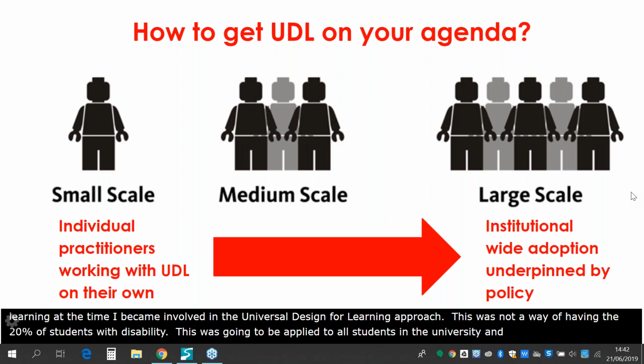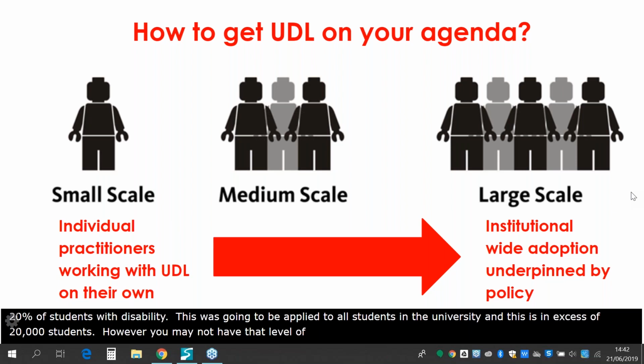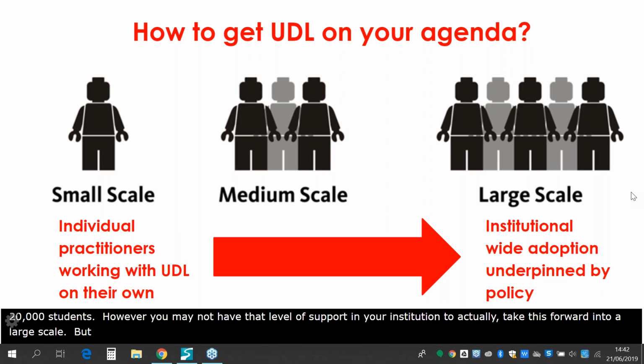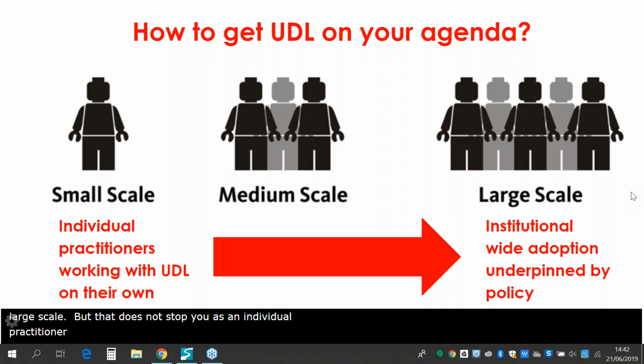However, you may not have that level of support in your institution to actually take this forward on a large scale. But that does not stop you as an individual practitioner or a programme leader in any way of adopting the UDL principles in your own sphere.